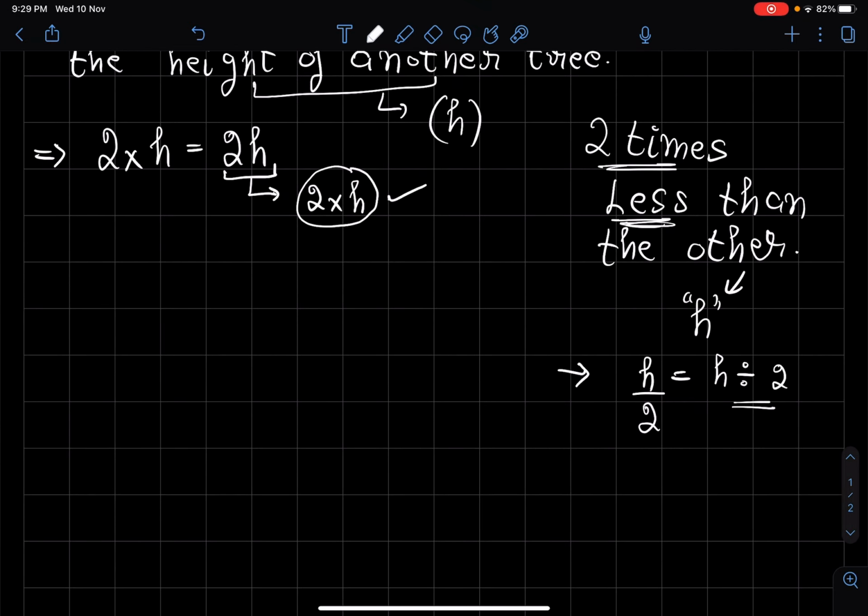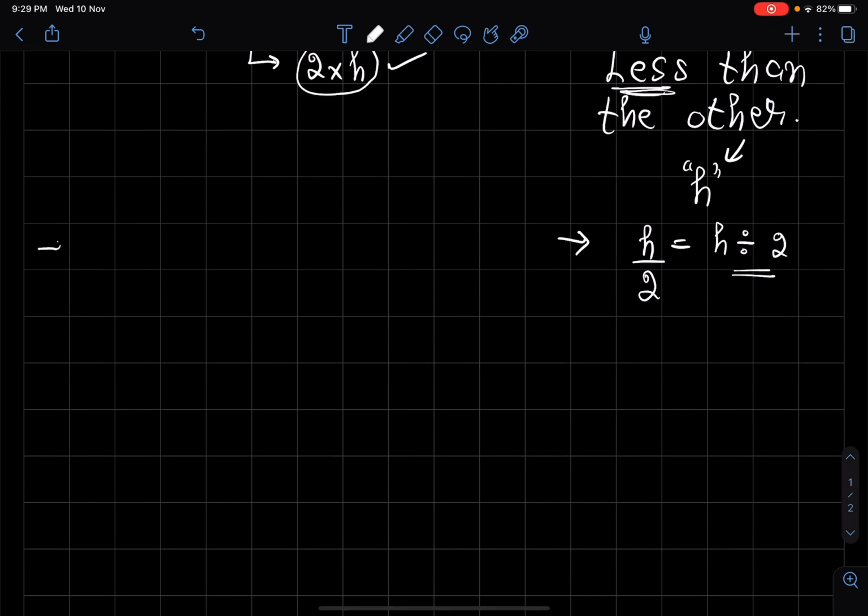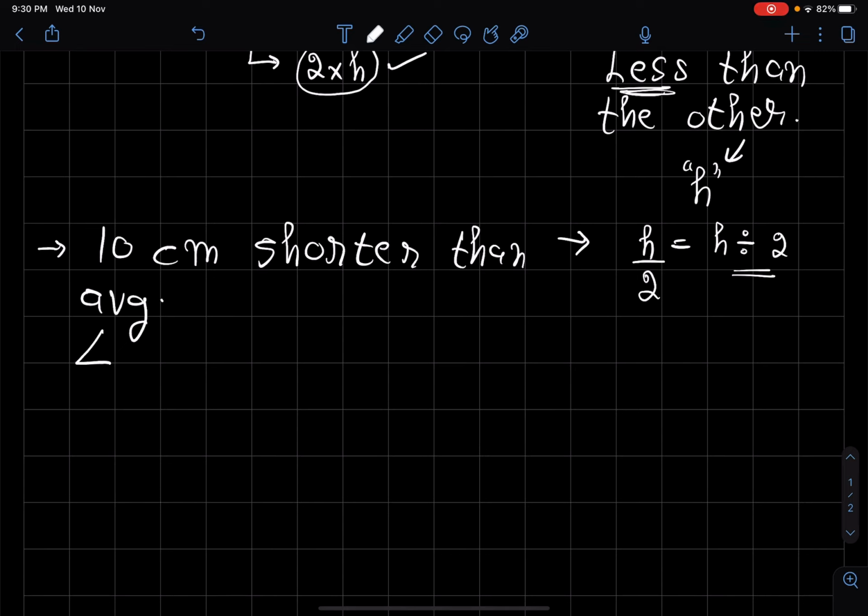Okay, all good. In another scenario, if the height of the tree is 10 centimeters shorter than the average, we consider the average height to be h.